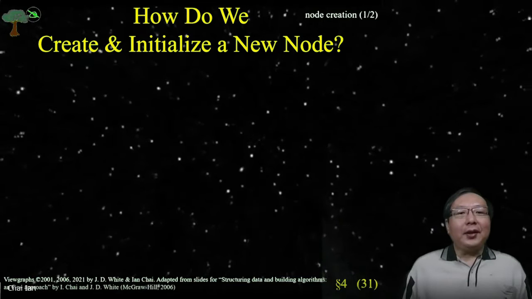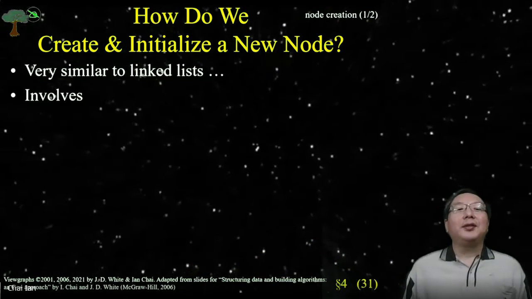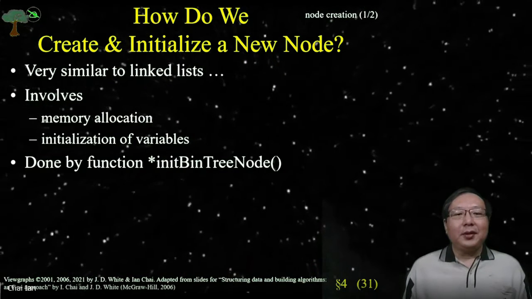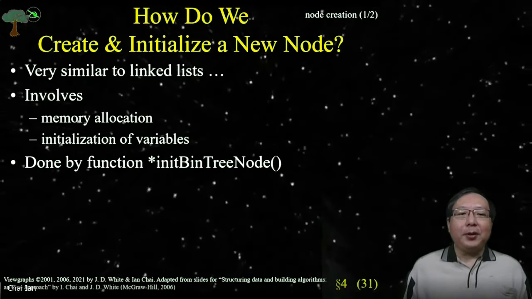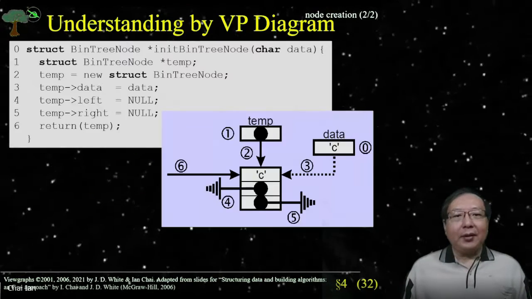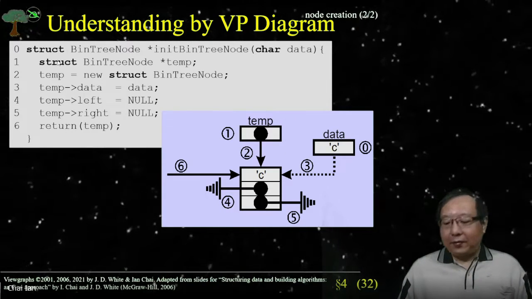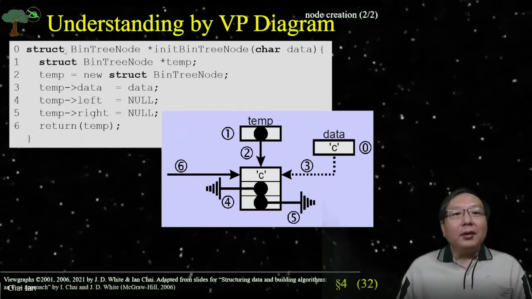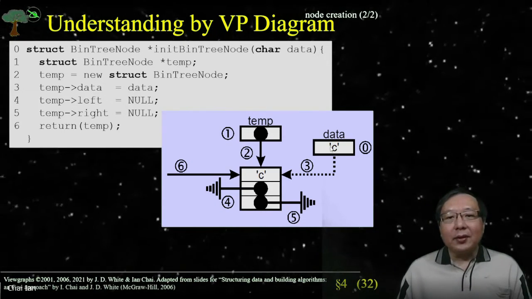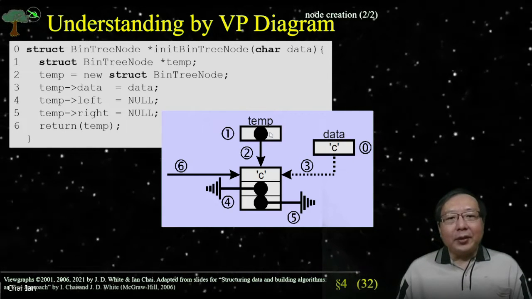How do we create and initialize a new node? It's very similar to linked lists. We have the memory allocation and the initialization of variables. So we have this function init bin3 node, and we illustrate it with a diagram. The declaration of the function takes a character, so the data is in here. Then I make a temp pointer.